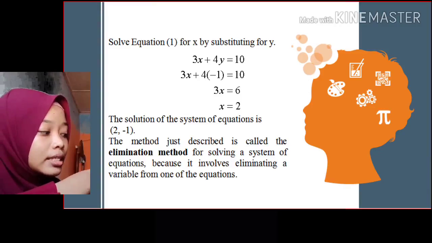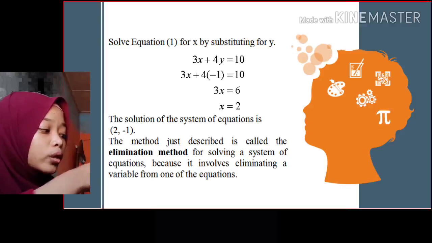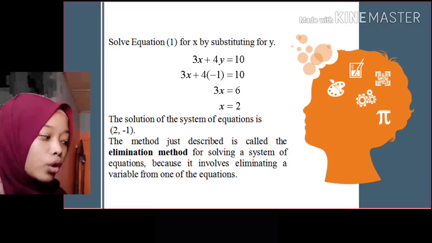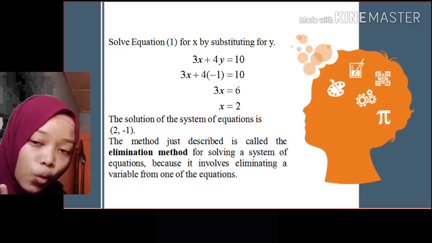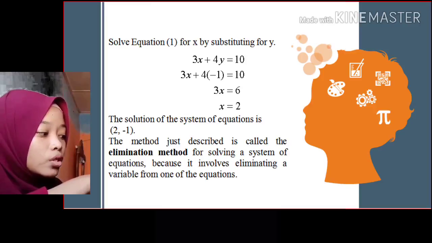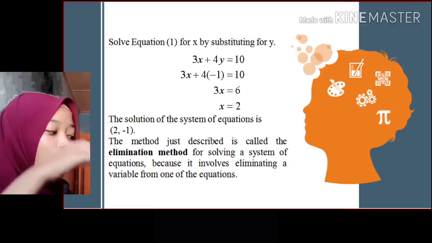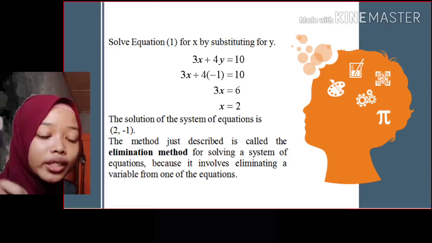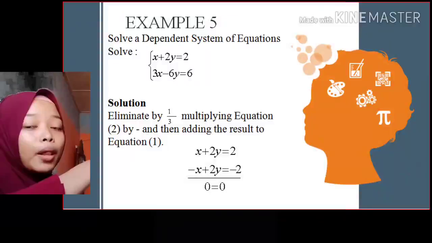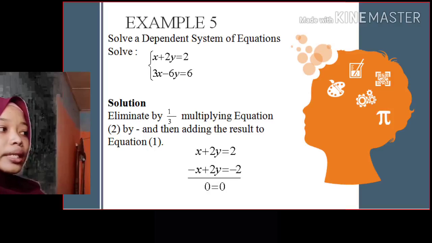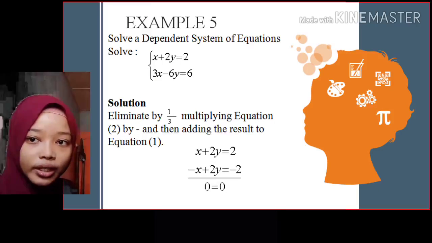The method just described is called the elimination method for solving a system of equations, because it involves eliminating a variable from one of the equations. Example 5. Solve a dependent system of equations.